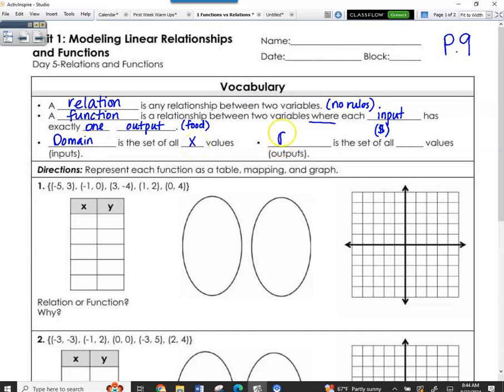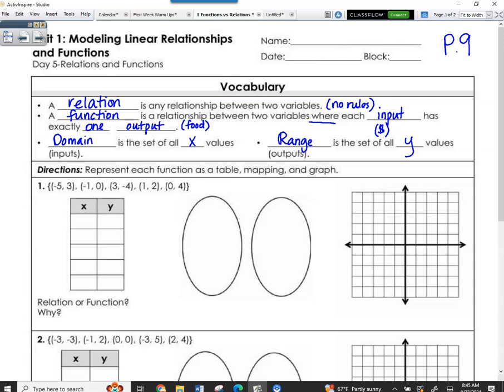The range is the set of all y values. Domain is what I'm plugging in. Range is what's coming out. So domain is the money. Range is the food. You with me? Domain's the list of money. Range is the list of food.